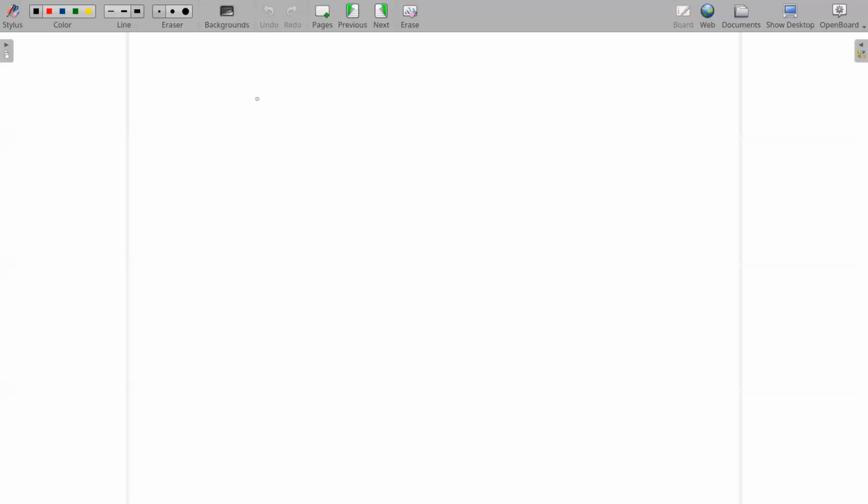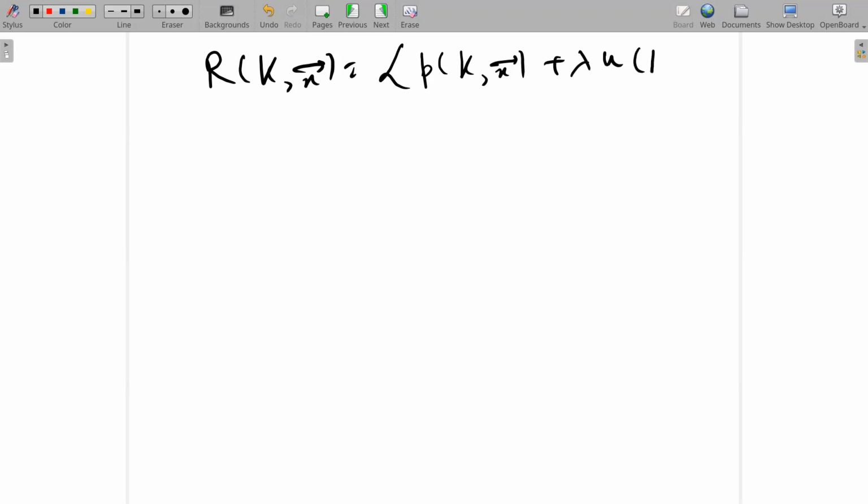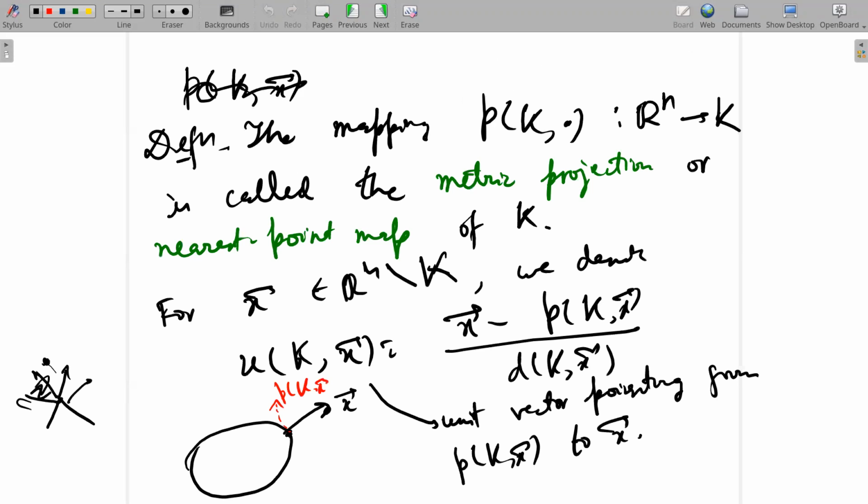Okay, and another small definition is a ray. This is also intuitively very clear. So for this ray, instead of taking a unit vector, you just extend it. So that's the ray which is based at P_K(x) passing through x. So it is nothing but P_K(x) plus lambda times u_K(x), such that lambda is bigger than or equal to 0. So when I choose lambda equals 1, P_K(x) plus u_K(x) is just the unit vector based out of this point.